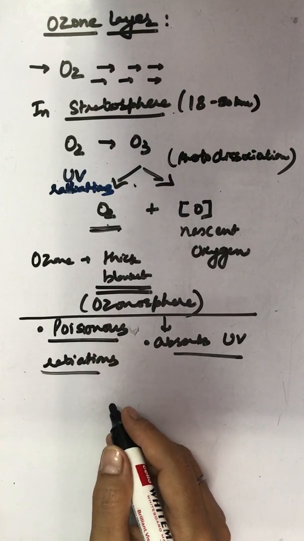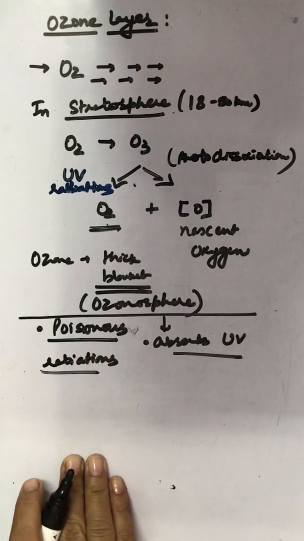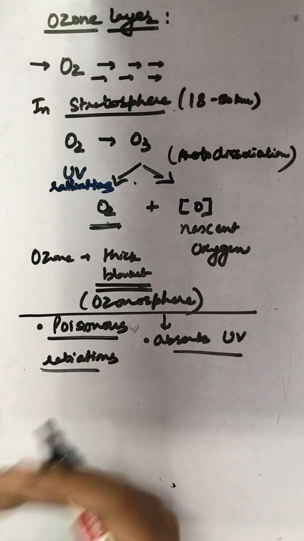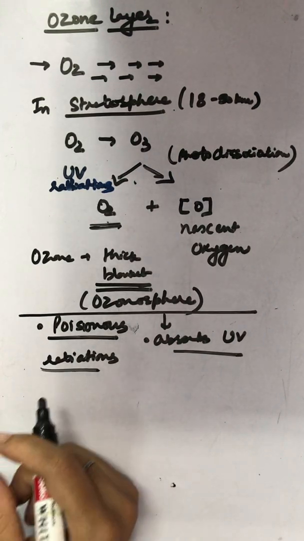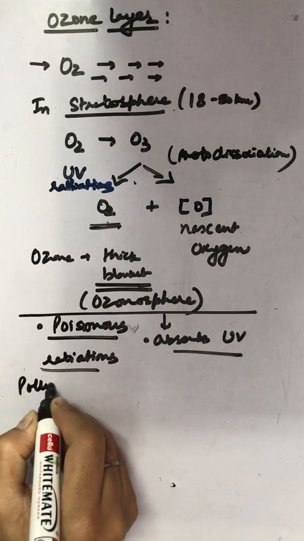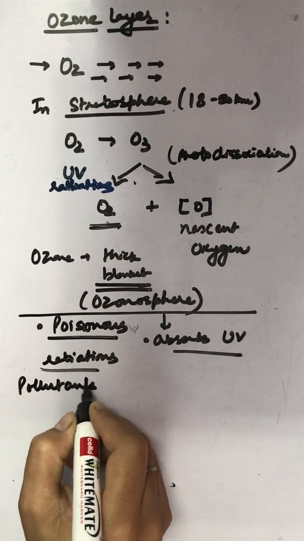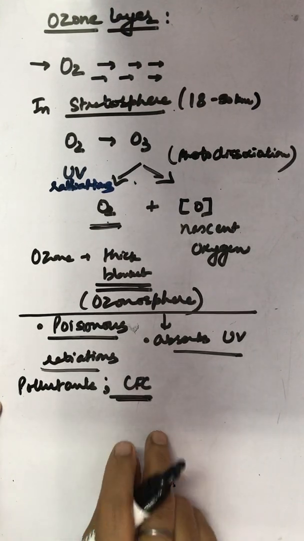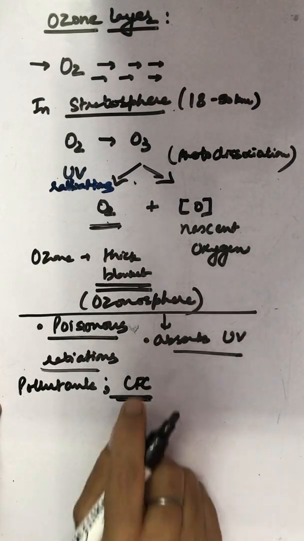What have we found? That this ozone layer is depleting. That means the concentration of ozone, which is quite high, is being depleted by pollutants like chlorofluorocarbons. These are synthetic harmful chemicals which are widely used where?